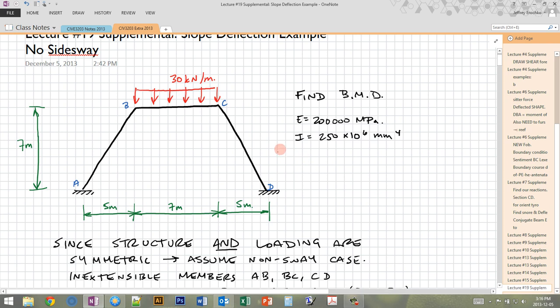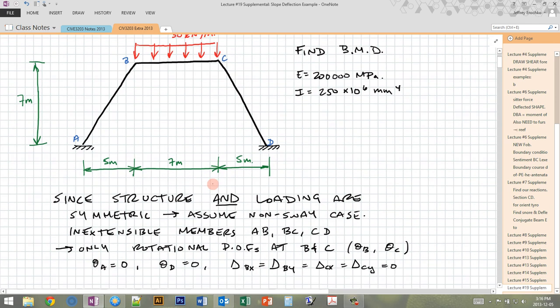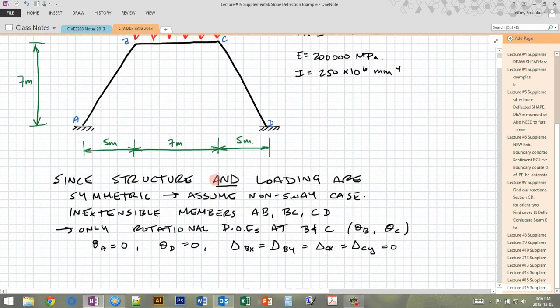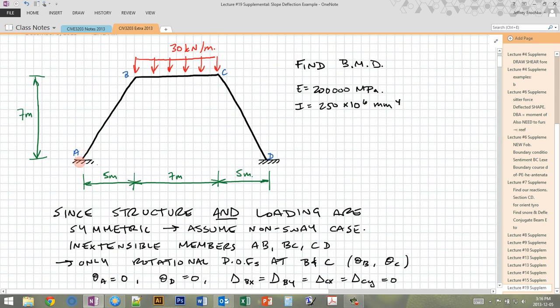So the first step in our slope deflection analysis is to determine the equilibrium conditions that we're going to use to find our unknown rotational deformations. Our unknown rotational degrees of freedom are slope theta B and slope theta C. Since we only have 2 degrees of freedom in this problem, A and D are totally fixed, and B and C can't translate, we know that we're going to end up having to solve 2 simultaneous equations at the end of our slope deflection analysis.